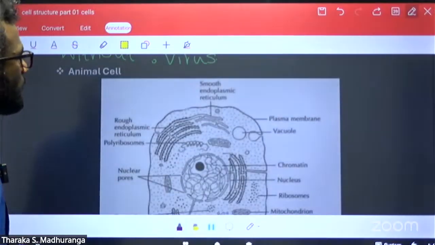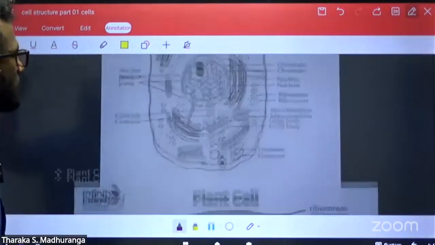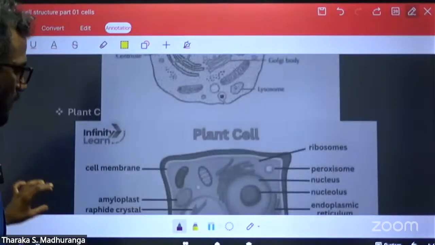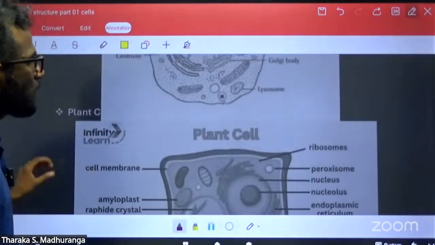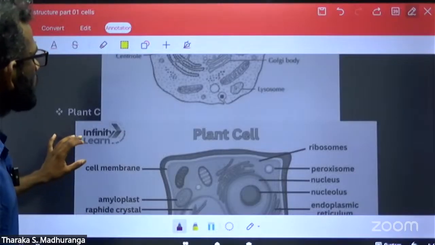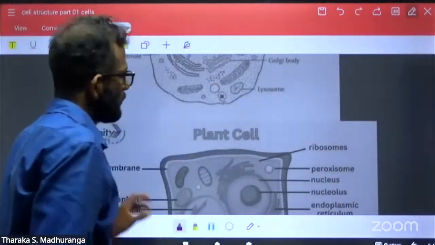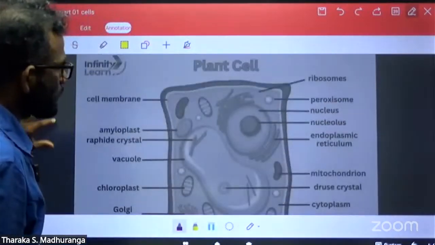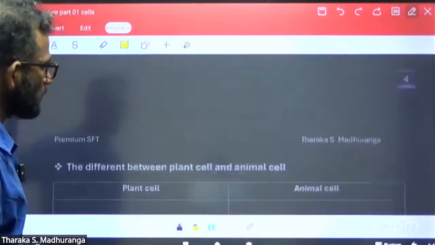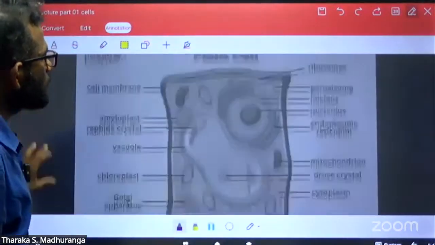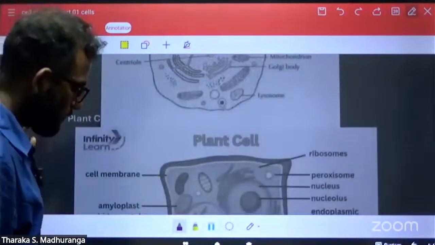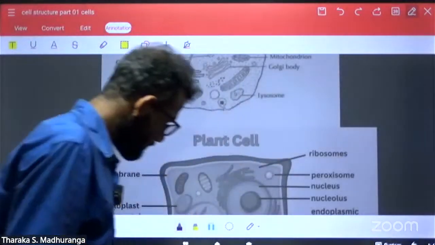Okay, come to animal cells. Okay, now what happened? This PDF has a mistake. Your note is correct, no?